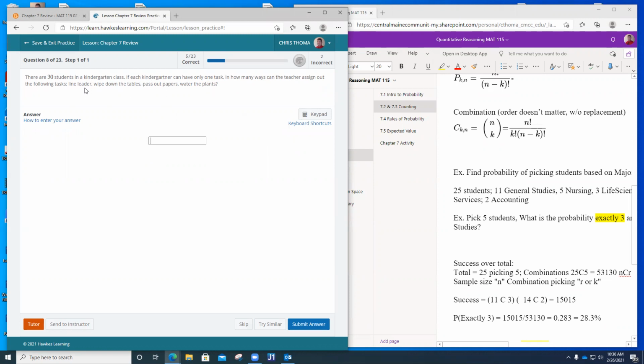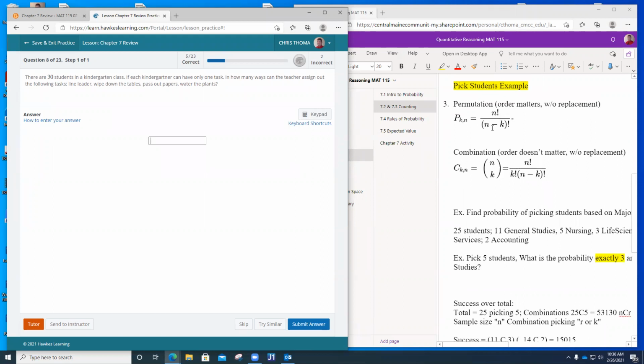You're picking 1, 2, 3, 4 tasks out of it, so you're going to use the permutation function in your calculator: 30 students, and you're picking for the 4 tasks. Order matters here because if you get picked first, you're the line leader, and if you get picked second, you wipe down the table. So it is a permutation problem.